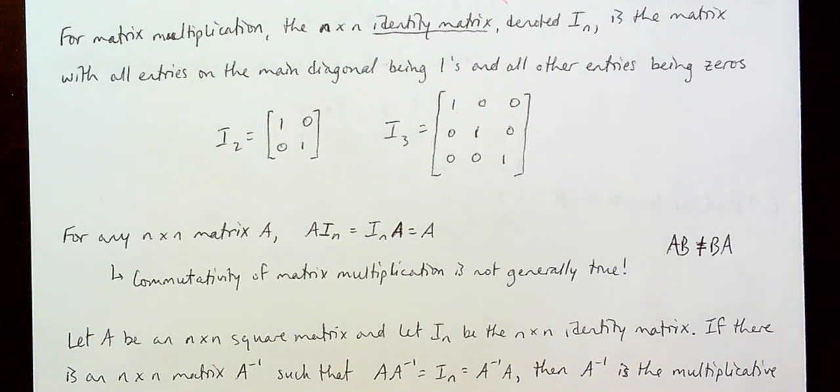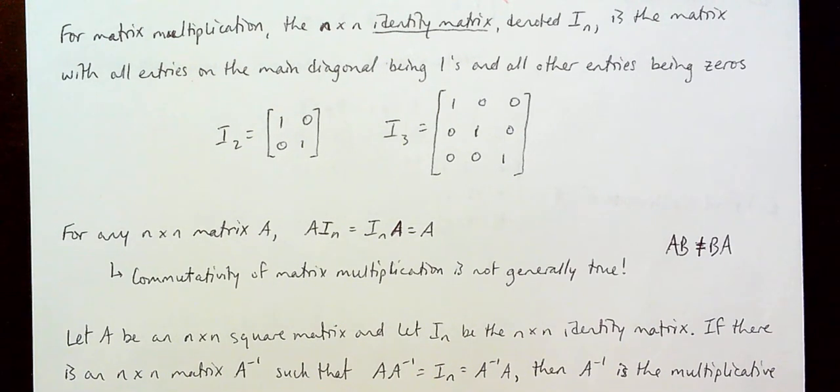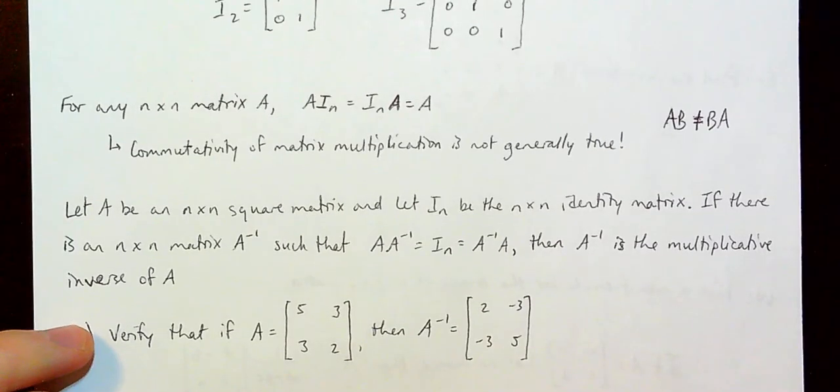But now we're going to see another type of matrix where if you multiply it, it is commutative as well. So let A be an n by n square matrix, and let I sub n be the n by n identity matrix.